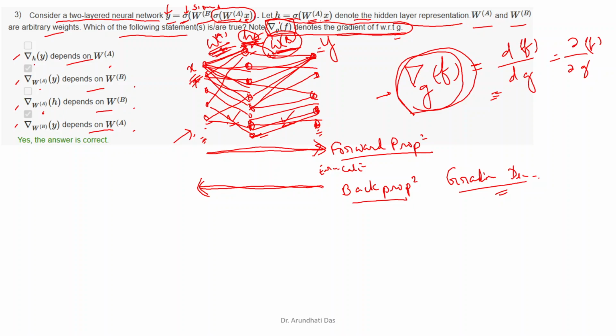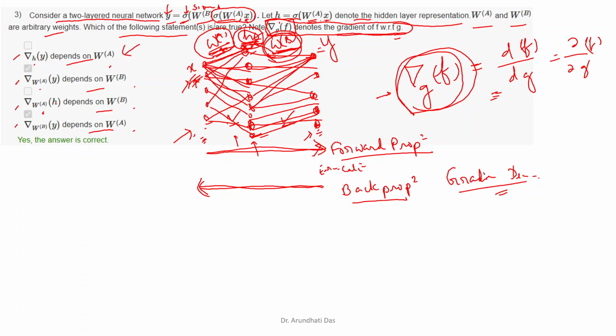When we update the wa parameter, we depend on the h parameter, or in turn the wb parameters. So having this general understanding of the neural network, with input values, weight parameter values, output values, and hidden layer representation, we will see what is asked in the different options.